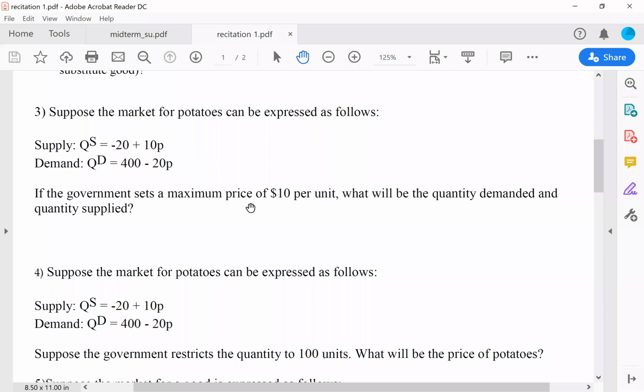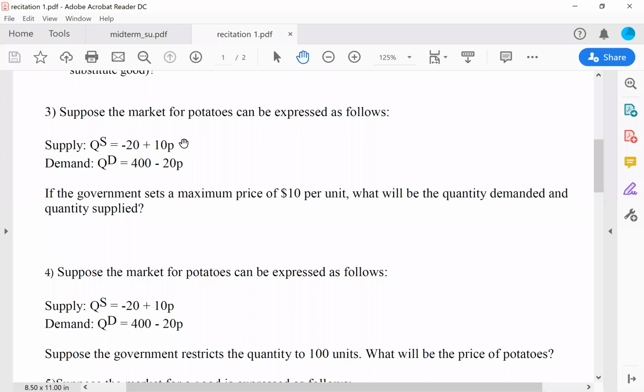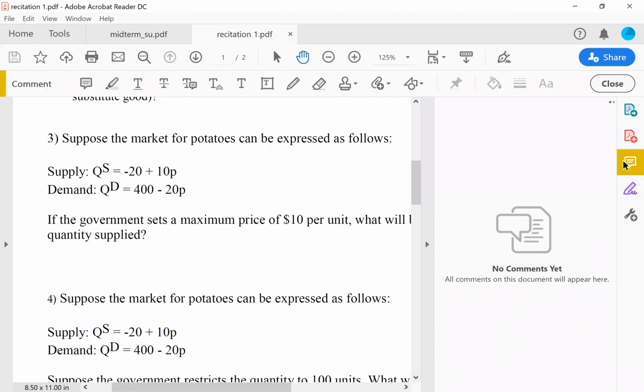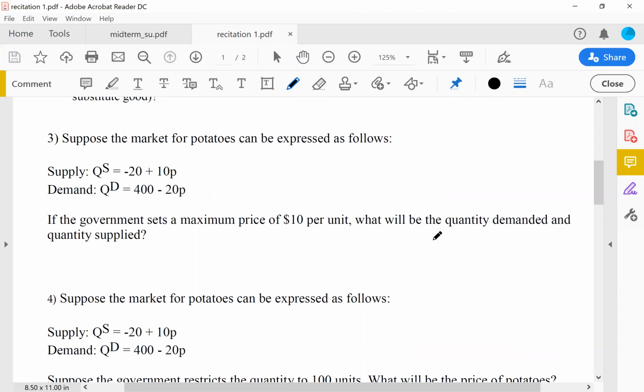So here we are given supply and demand functions. Let me see whether I can write on this. The supply is given as minus 20 plus 10p, and the demand is given as 400 minus 20p.